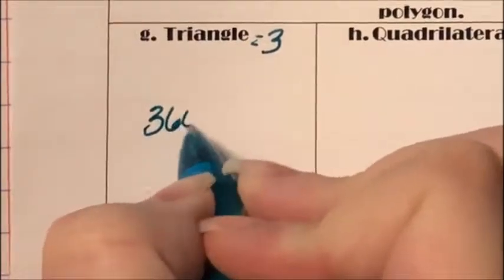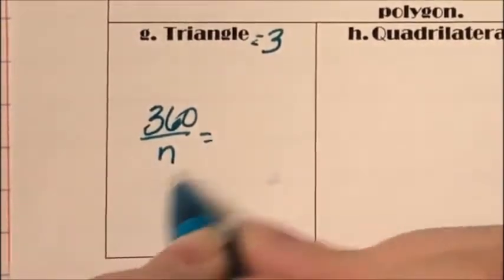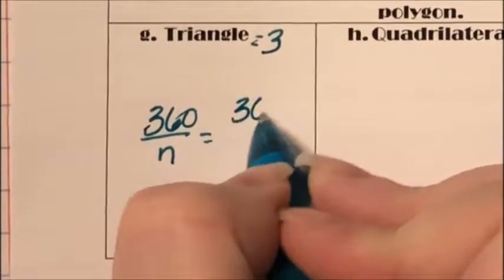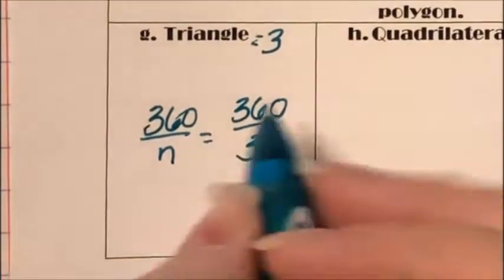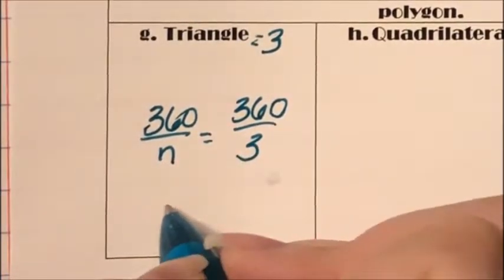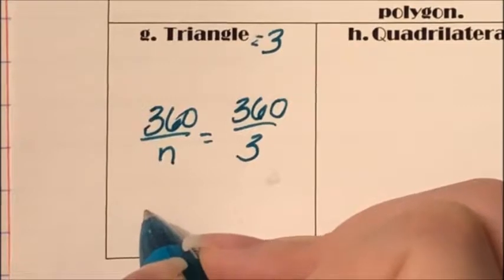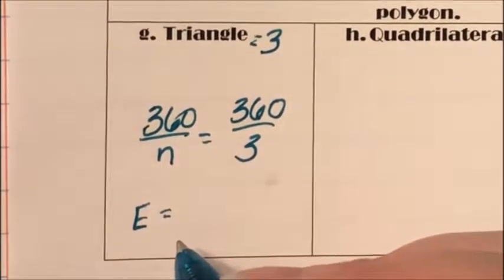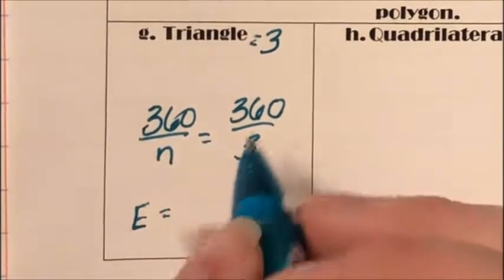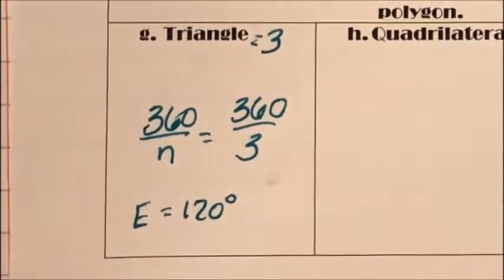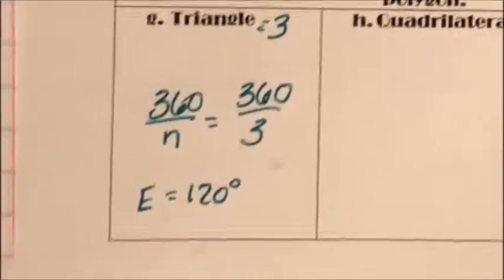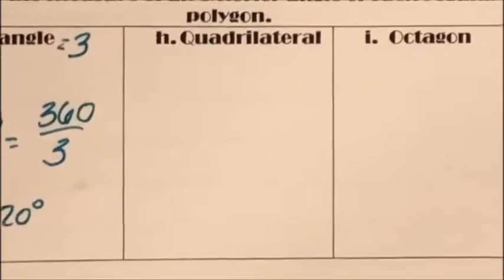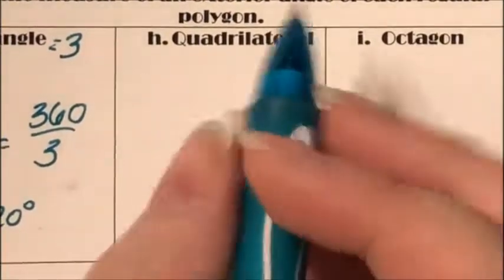So I'm going to take 360 divided by n, and my n is 3, so it's 360 divided by 3. So each exterior angle equals 120 degrees.